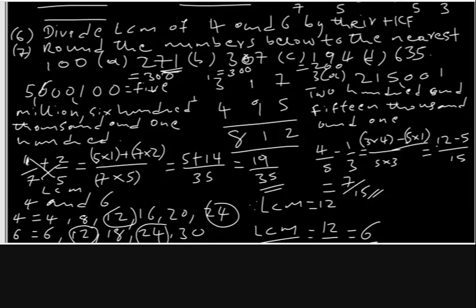And this one is 635. Look at it, 35 is not up to 50, so we throw it away. So this one will be equal to 600 to the nearest 100.